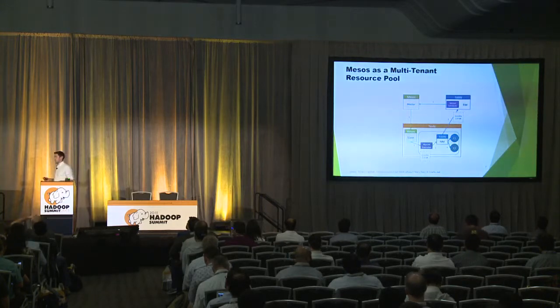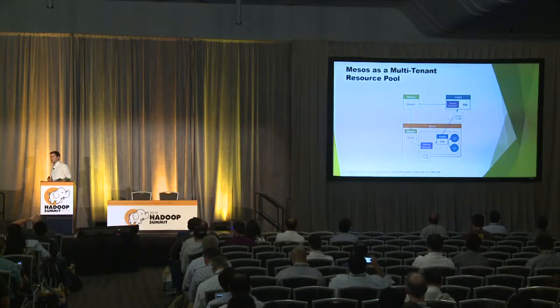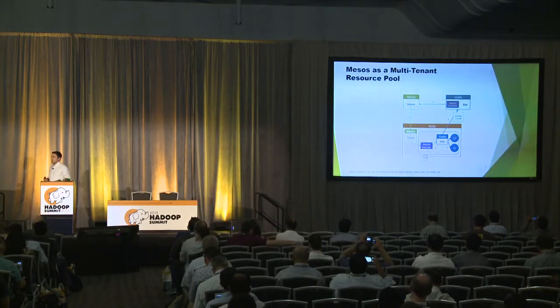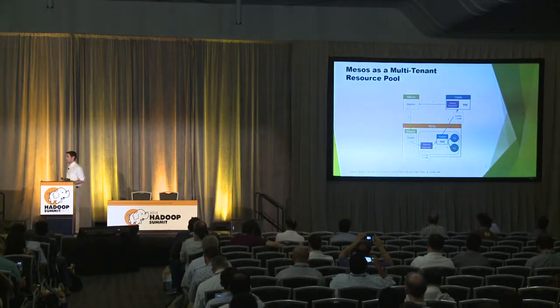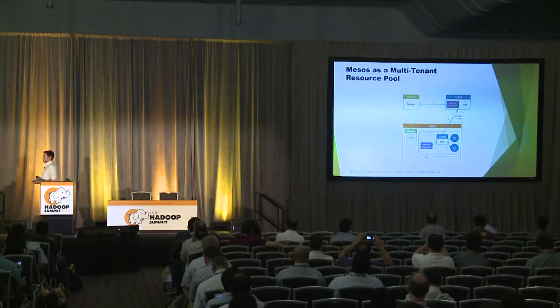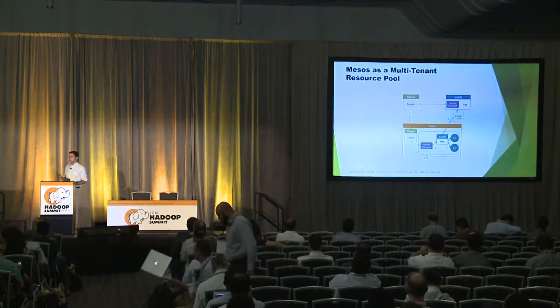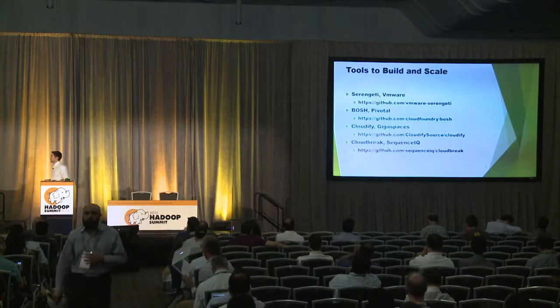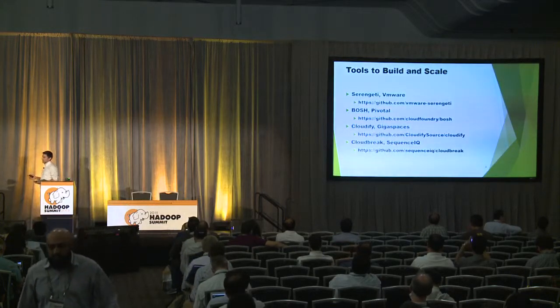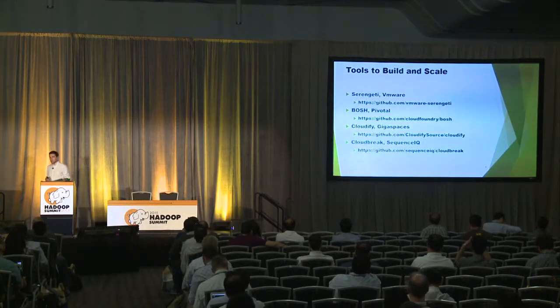And so in each case, each one of these has its own executor on the nodes. Each one of them can accept jobs and coordinate those resource offers through the Mesos scheduler and the corresponding scheduler for that particular framework.